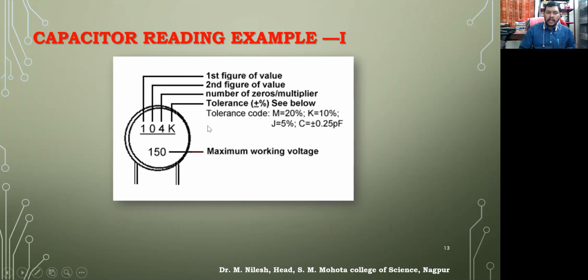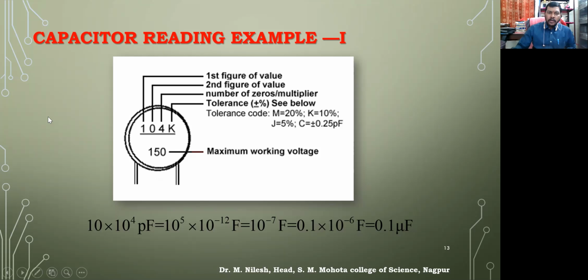So if we need to calculate what is the value of that, and this comes under the pico. This is 10, the first and the second, and this is the multiplier, that is 10 raised to power 4. And since it is a ceramic capacitor, we'll always take it in picofarad. So pico, I guess you remember this.